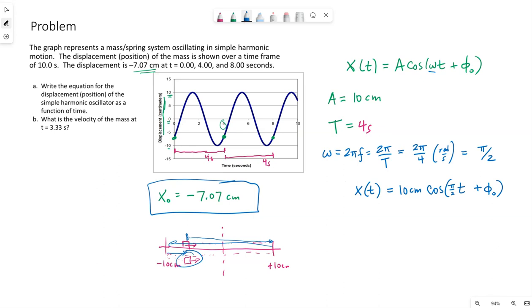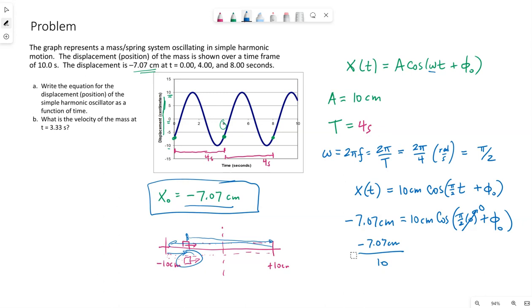All right, to do this, we need to put in the value of the position at time equals 0. Pi halves times 0, because we're saying at time equals 0. So this is 0. So we have negative 7.07 centimeters.